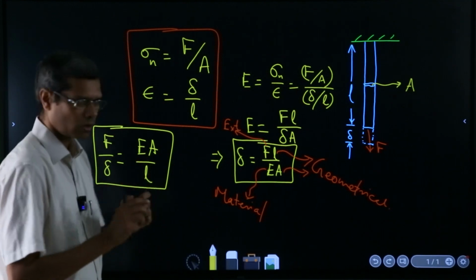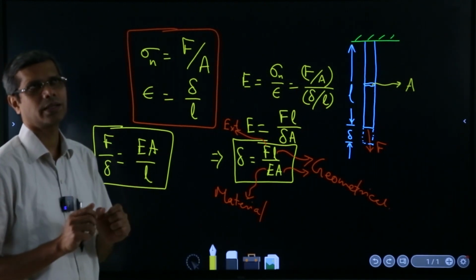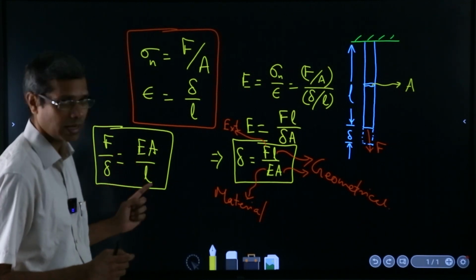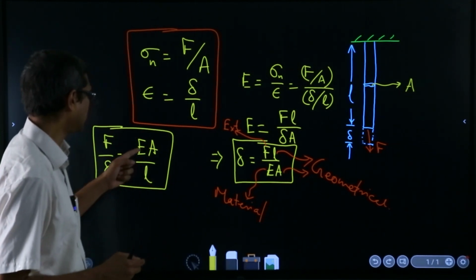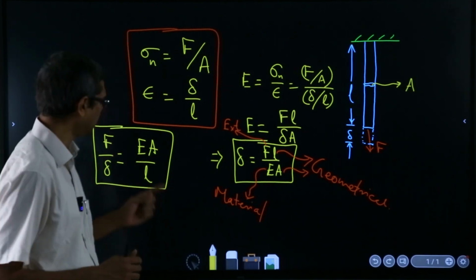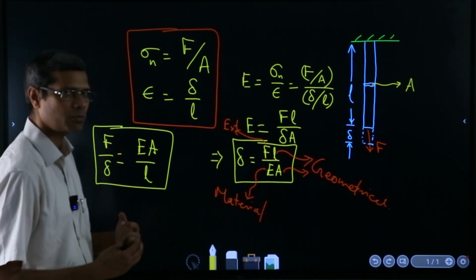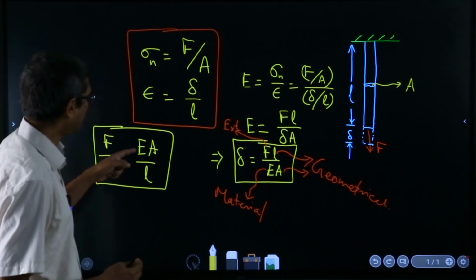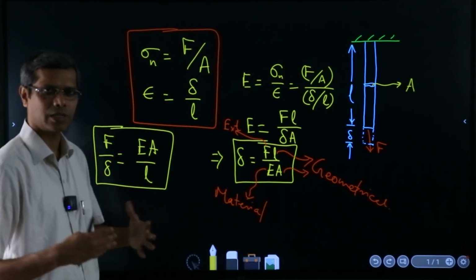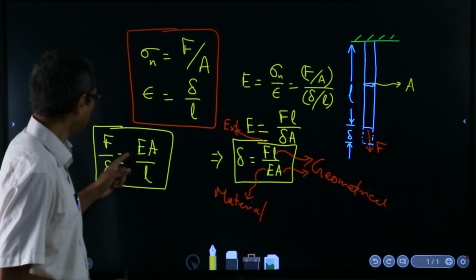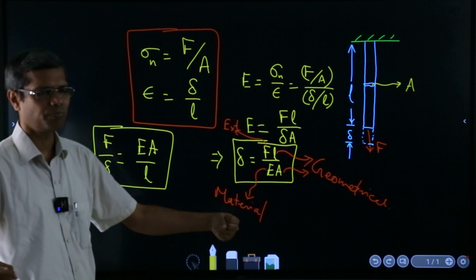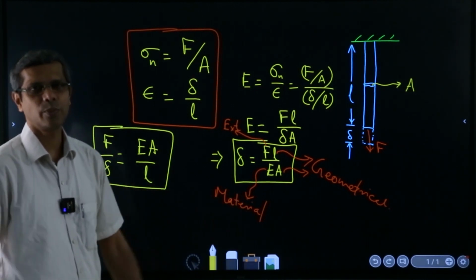A rod can be thought of as a spring whose stiffness depends on E, A and L. The stronger a material, I am using the word loosely, that means the more the Young's modulus, the more the stiffness. If you increase the area, keeping all other things the same, the stiffness will increase, and if you have a longer rod, the stiffness will be reduced.